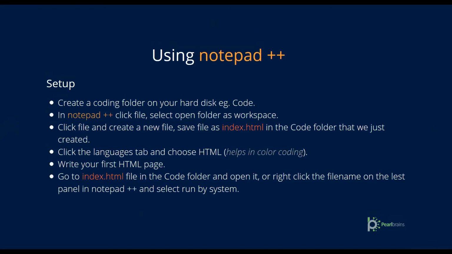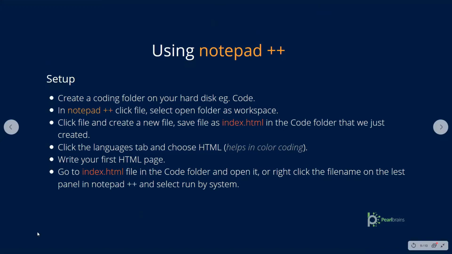Actually, what I did is I went to my C folder, and then I created a folder called code, and in the code folder I created a subfolder called Pearlbrains, and in this Pearlbrains folder is where my website is going to be. You can also create any folder, and then we shall store our files there. So I'll just open Notepad++.